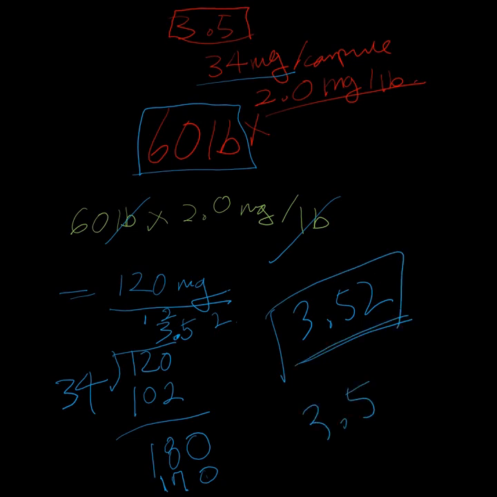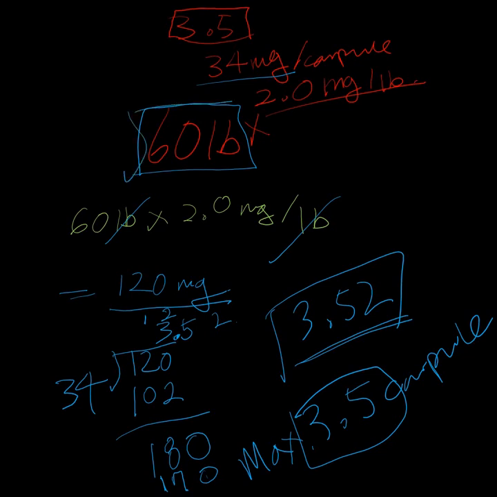The maximum is 3.5. It doesn't mean that we have to give exactly 3.5, but at maximum you can give that. You don't need to give anything, but you should not give more than 3.5 carpules, right? That's why it is known as the maximum dose.